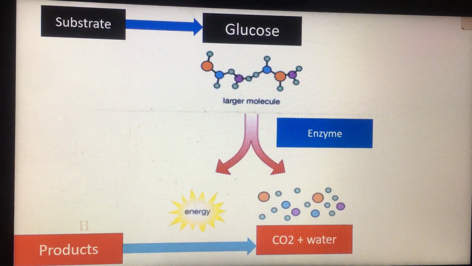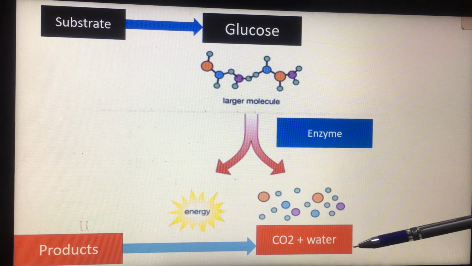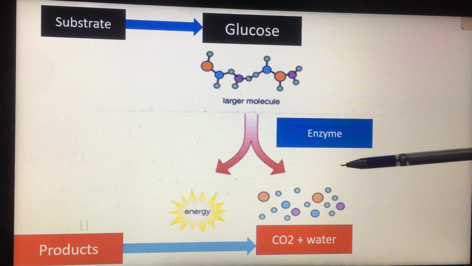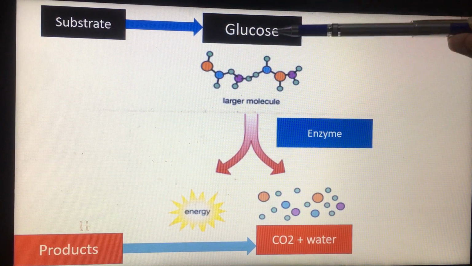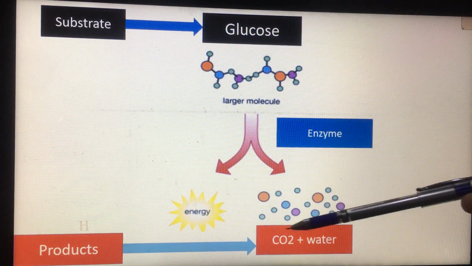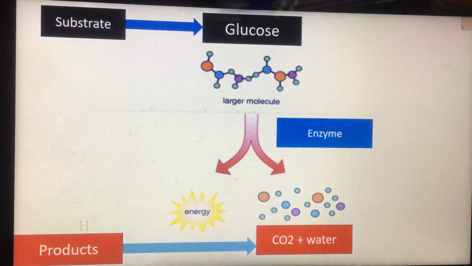Here, glucose is broken down into carbon dioxide and water by using a particular enzyme. Here, glucose is called the substrate, and carbon dioxide and water are called products.